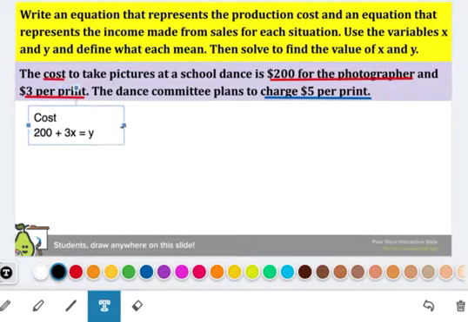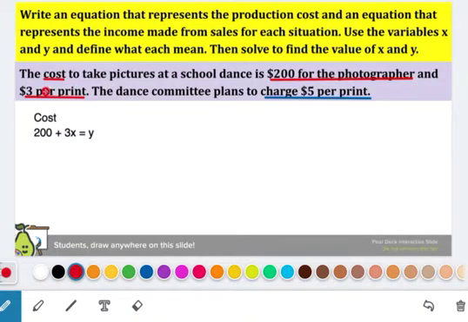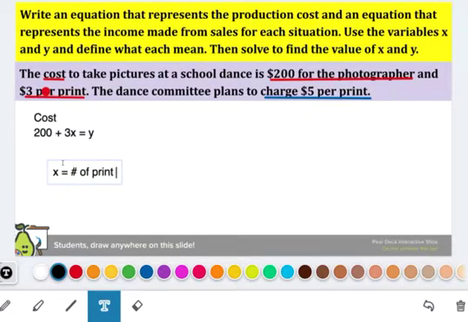Per means times, anytime you see per. So X represents the number of prints of pictures, right? And Y is the cost, how much money it costs you.